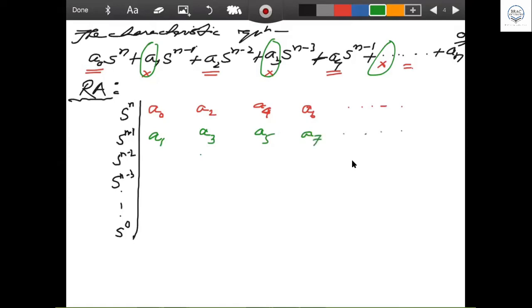That is the way you can write the second row. This is the way you can fill up the first two rows. I'm sorry, not column. First two rows, first row and second row, you can straight away fill up from the characteristic equation given in the problem.